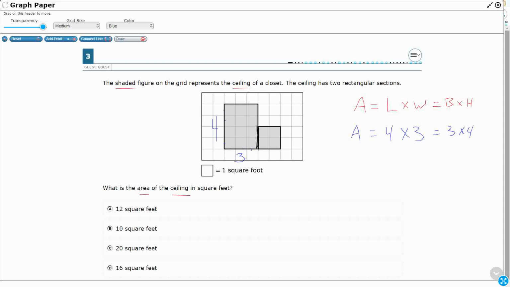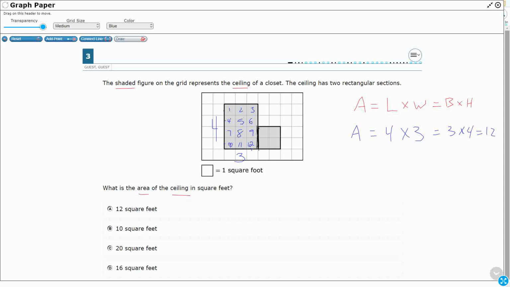Either way, it's going to be 12. And I know it's 12 because if I wanted to, I could literally just put the numbers in there. 1, 2, 3, 4, 5, 6, 7, 8, 9, 10, 11, 12. Eventually, you'll start seeing in fourth grade and fifth grade area problems without the squares on the inside. So you have to know length times width.